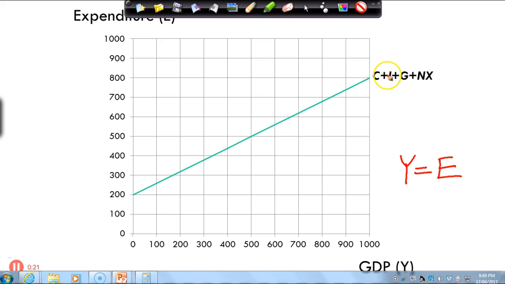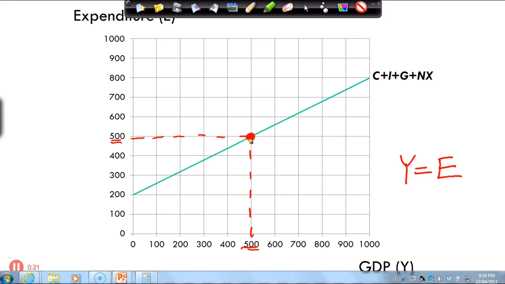Where does income equal expenditure? Well, if you look carefully, you can find the point at which income equals expenditure. Income equals expenditure at this point here. You can see there, 500 equals 500. This is our equilibrium point.